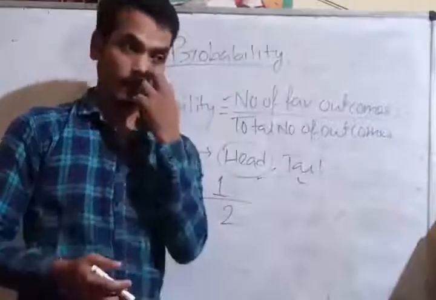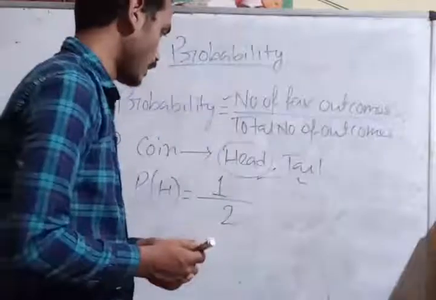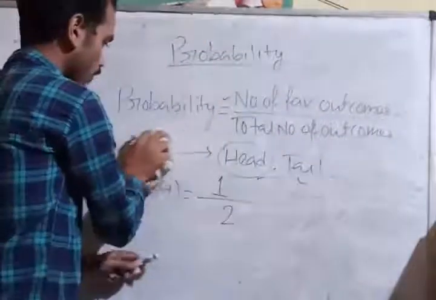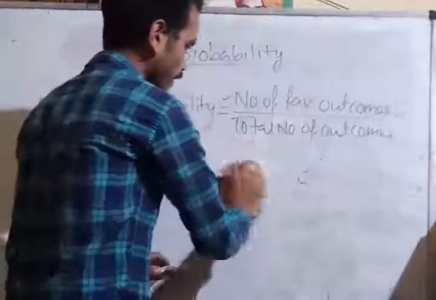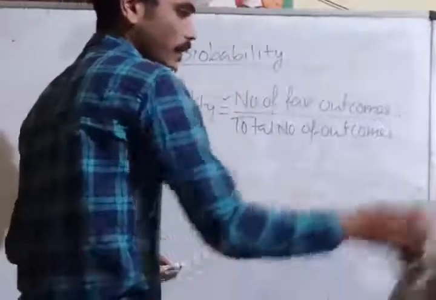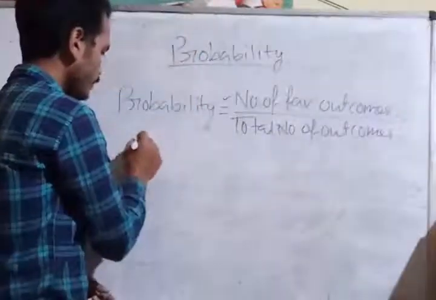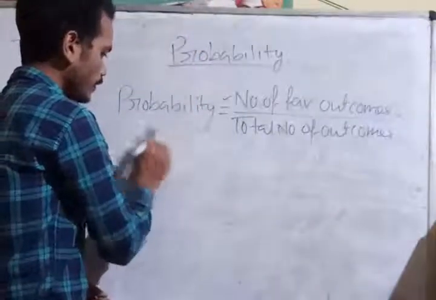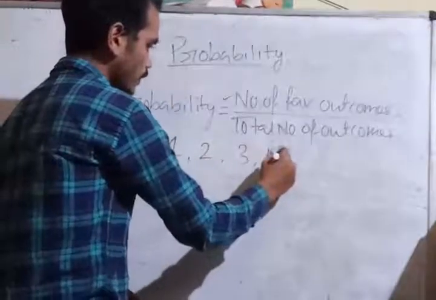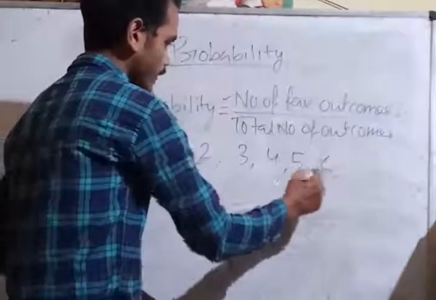Suppose I take one more example, not a coin now. Suppose I throw a dice. In a dice, we have 6 faces like this: 1, 2, 3, 4, 5 and 6.